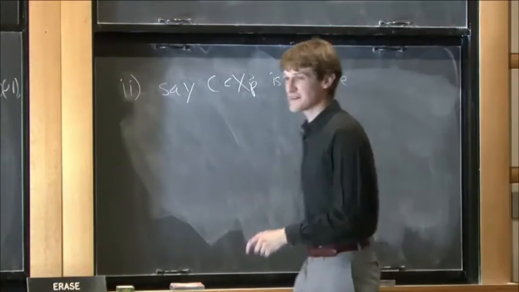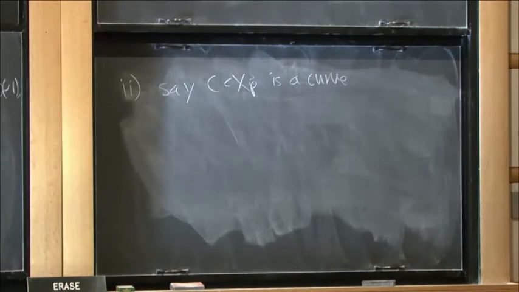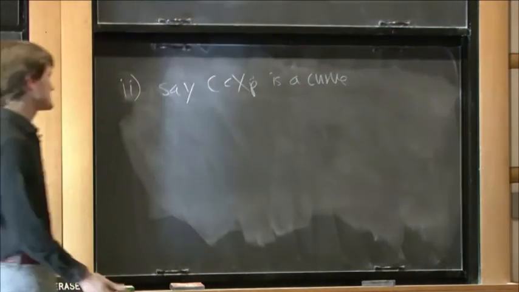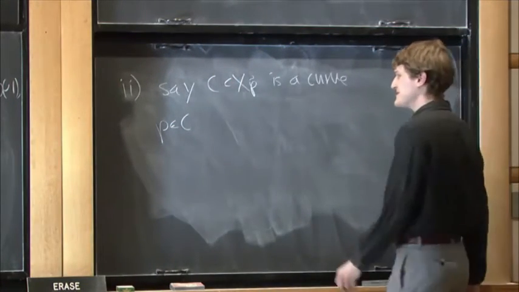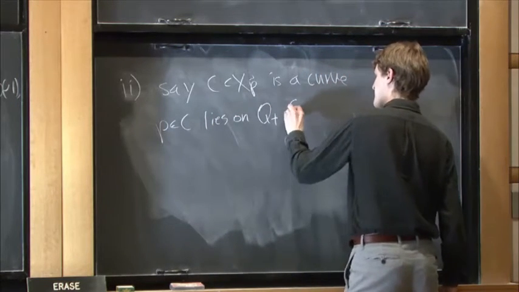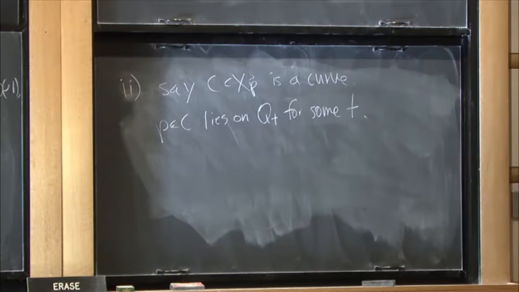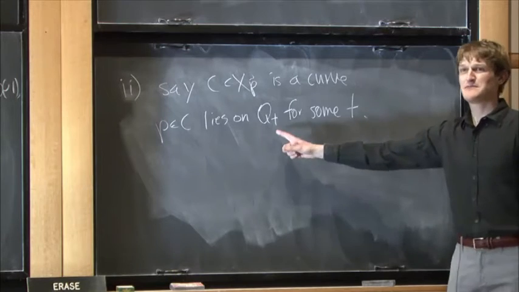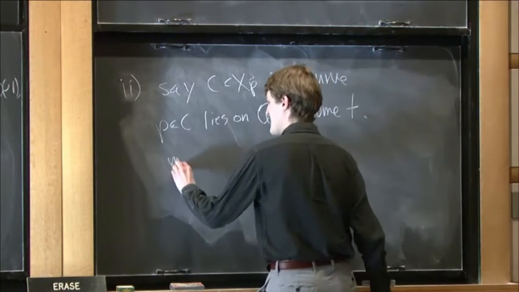just any curve on this threefold. Now I can just pick a point on that curve, right? And because L moves in a pencil, that point is on some element of the pencil. So how could it be that C dot L is 0 if C meets an element of the pencil for sure? Well, it must be that C is contained in Q_t.